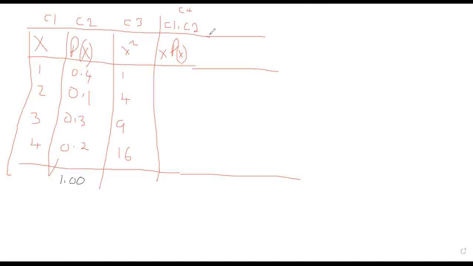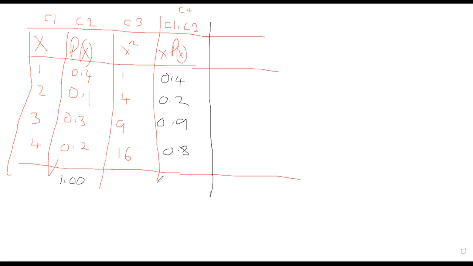So to get this column, we're going to multiply 1 times 0.4, get 0.4. 2 times 0.1 is 0.2. 3 times 0.3, what do we get? 0.9. 4 times 0.2, we get 0.8.